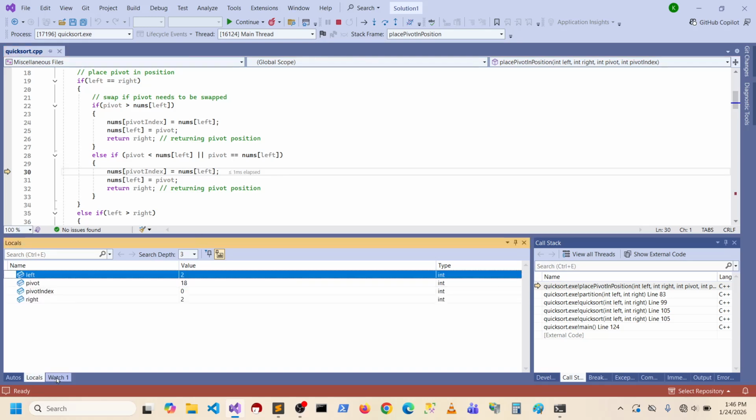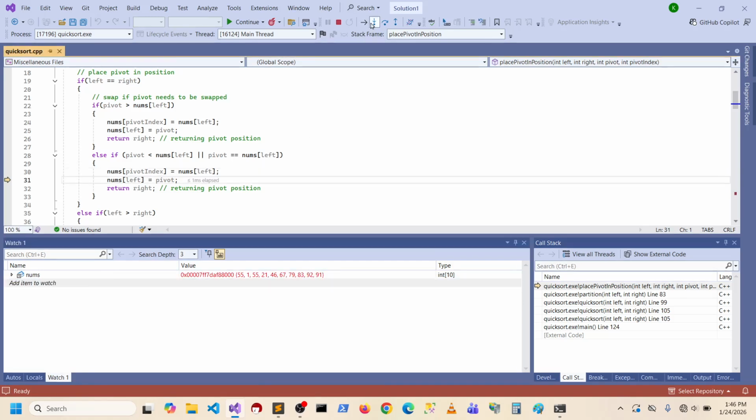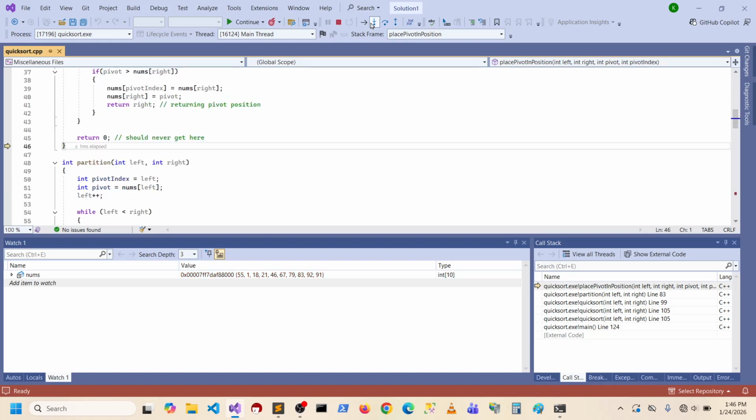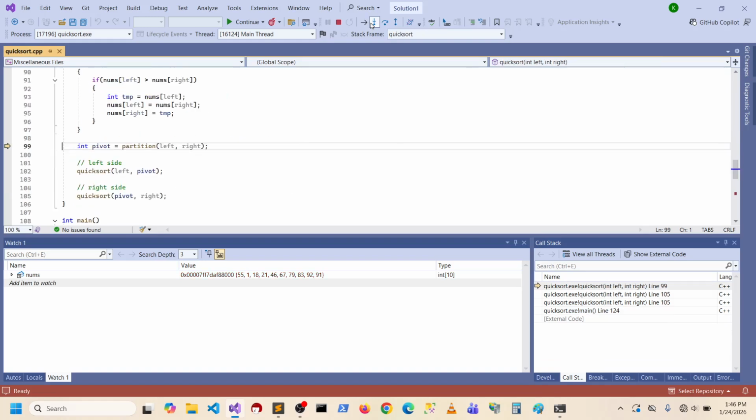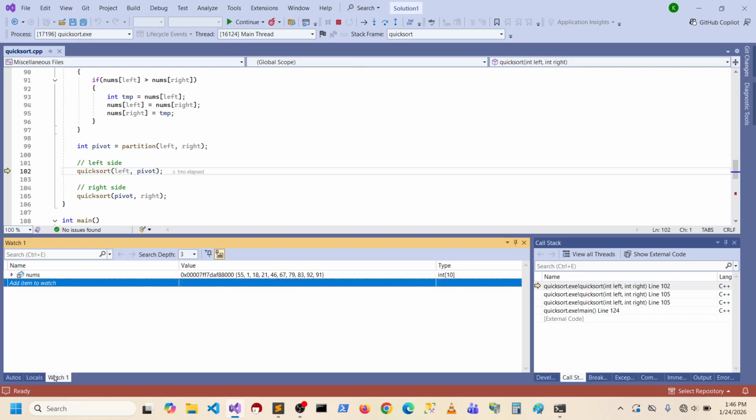Pivot index is 0. So nums 0. So those swap. So now pivot is 2. 0, 1, 2, which is 18.